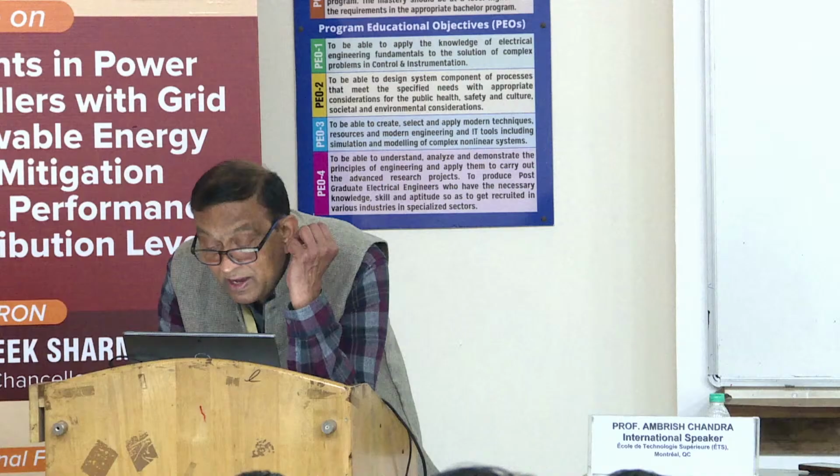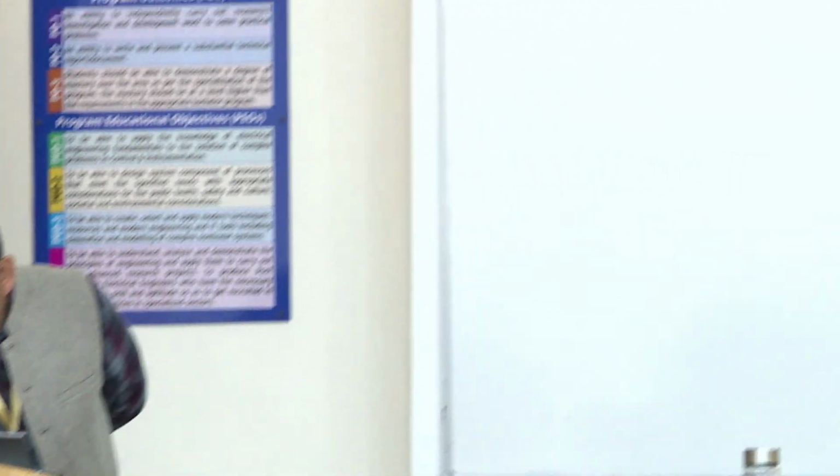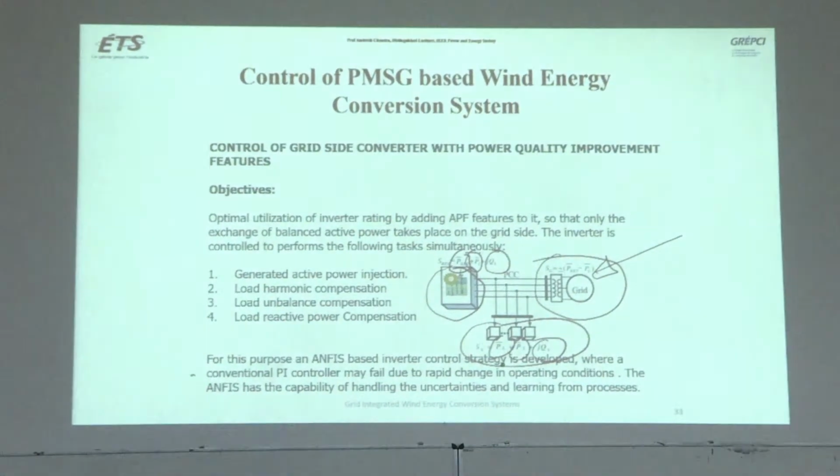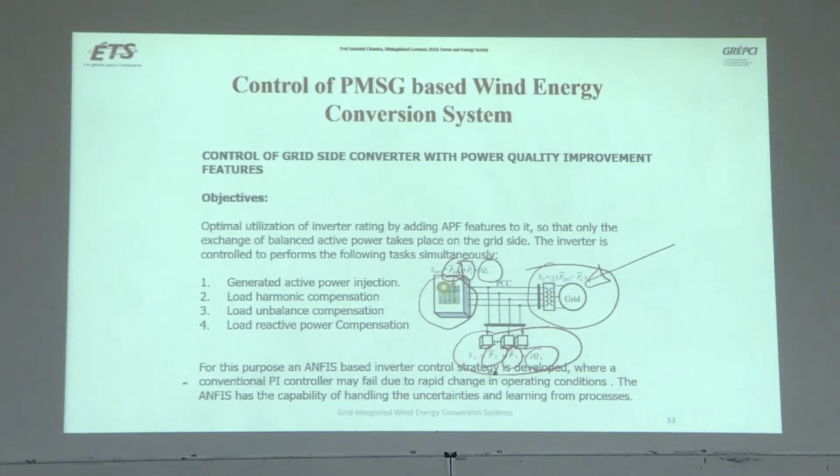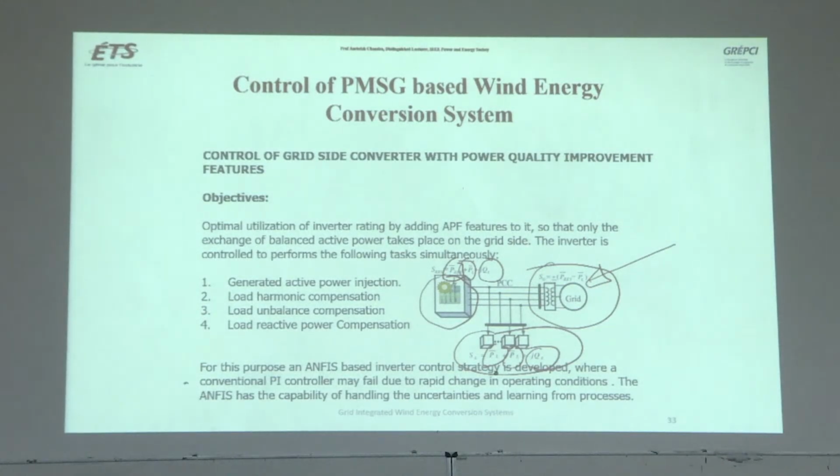So we used that capacity not only to transfer active power, but to compensate harmonics and reactive power also, so that the grid became less polluted. This was the very pioneering work we did many years ago, and finally the fruits came, in the form of the updated IEEE standard 1547.